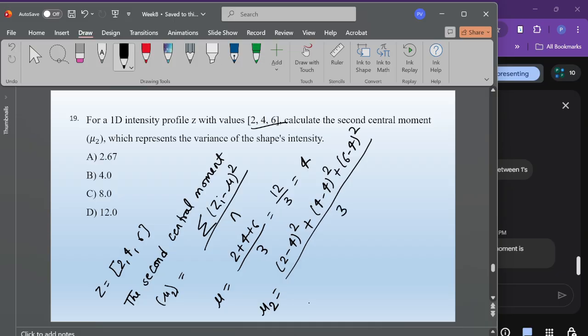Now if you calculate, minus 2 square is 4, plus 0, plus 6 minus 4 is 2, 2 square is again 4, divided by 3, so 8 by 3. That is 2.6667, or you can write it as 2.67 itself. So if you check, option A is the correct answer for this question.